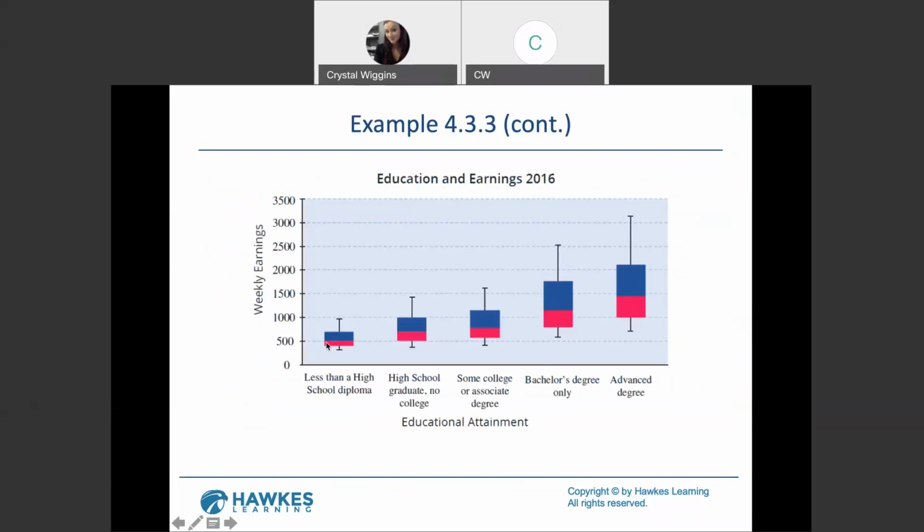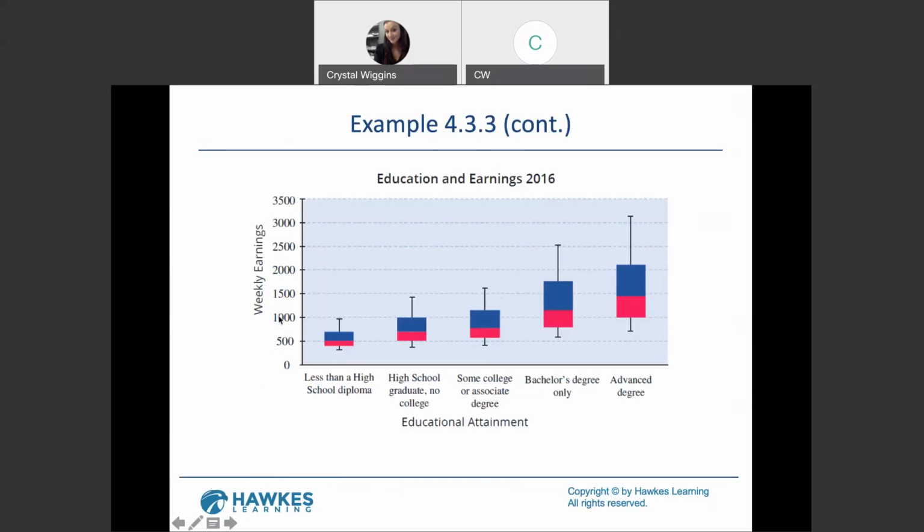Remember, where the blue and the pink meet is the median line, so the median salary. And we can see that it is steadily increasing as you get a different degree. And there's quite a difference between an advanced degree and less than a high school diploma's median weekly earnings. We go from 500 a week to about 1,500 a week, which is a huge difference.